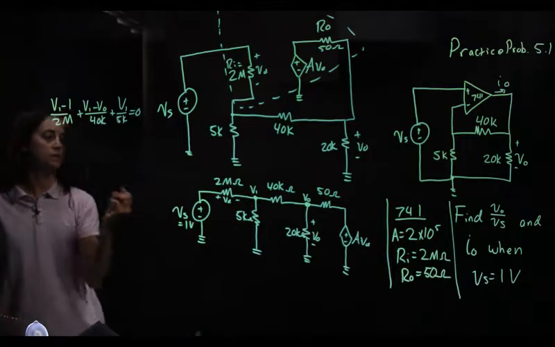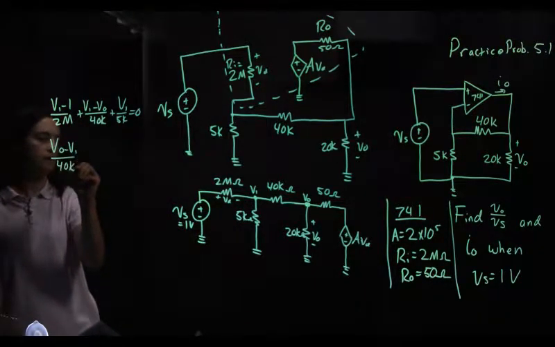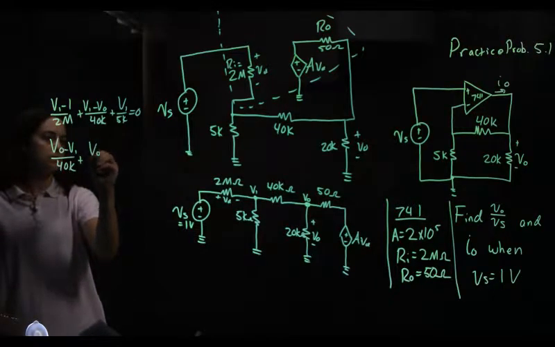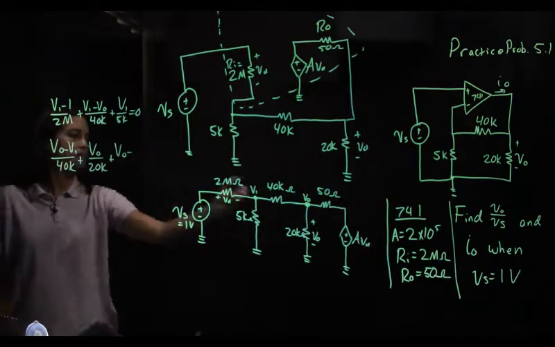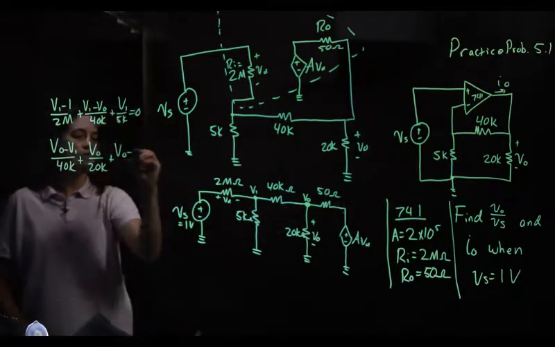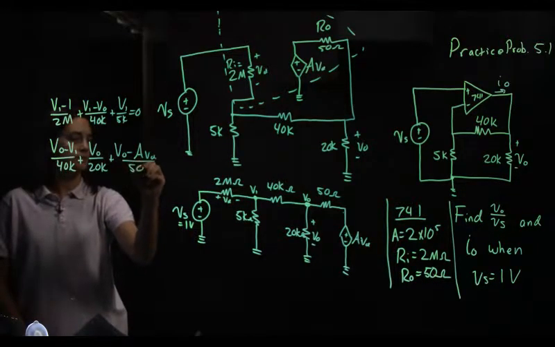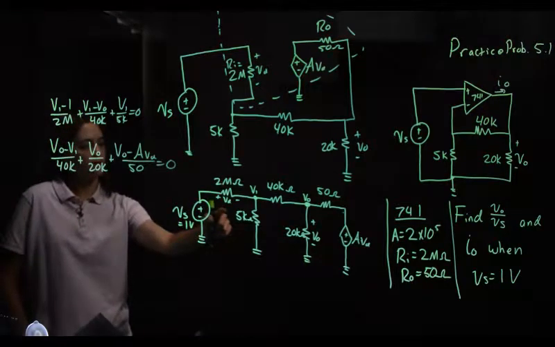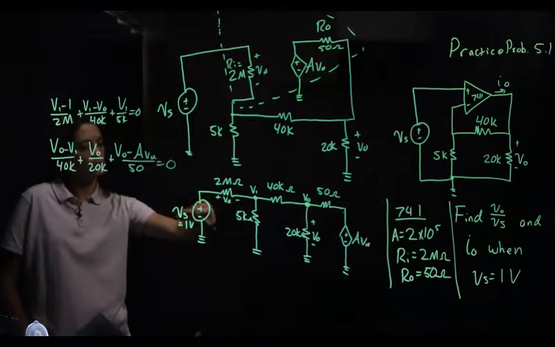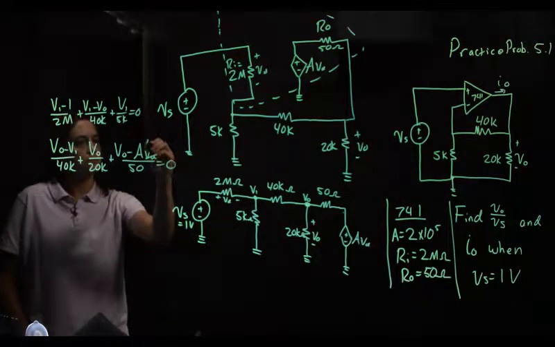It's (VO minus V1) over 40K plus VO over 20K plus (VO minus AVD) over 50 equals 0. My VD is right here. That's going to be 1 volt minus V1. So I can replace VD with 1 minus V1.